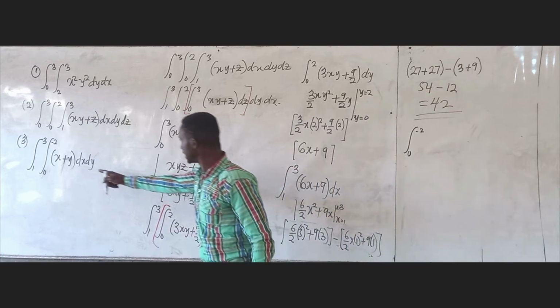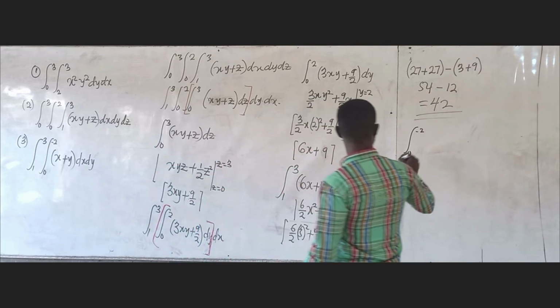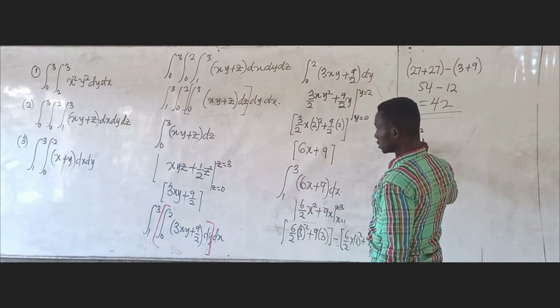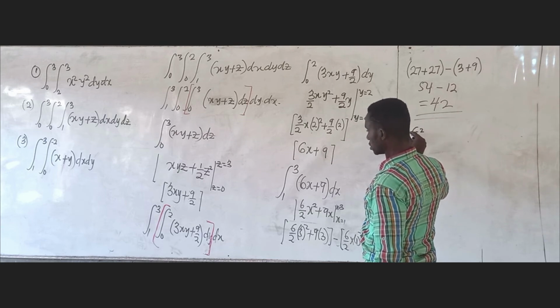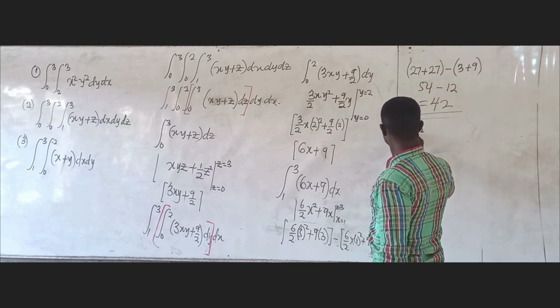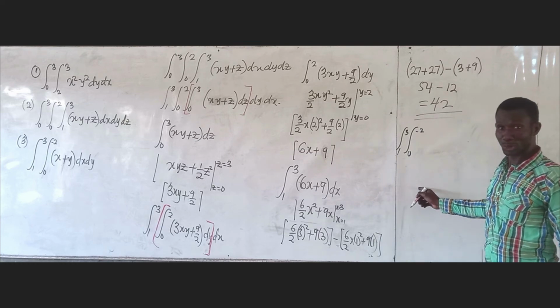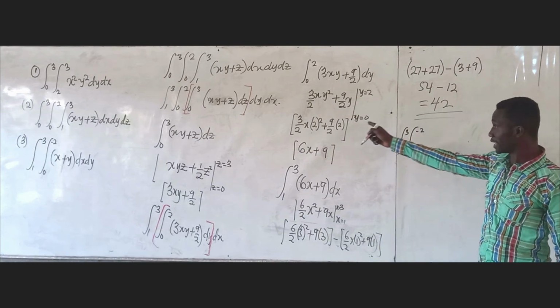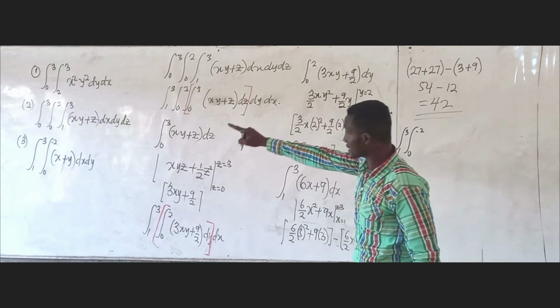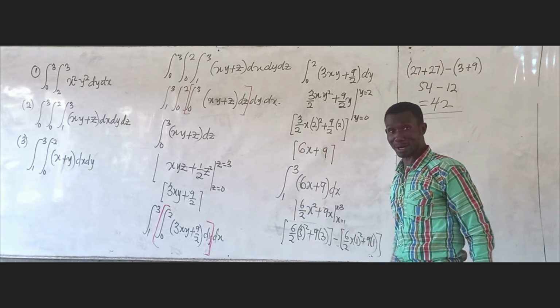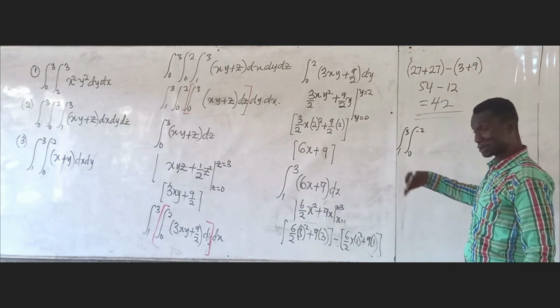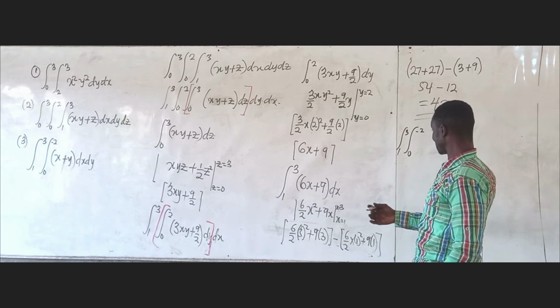What will be first for the dx? Not so? For the dx, integral 1 to 3. This one I won't finish, I will let you continue. This one is very simple. Having explained the first, second, and third, you go and do that one, so that you will facilitate your understanding.